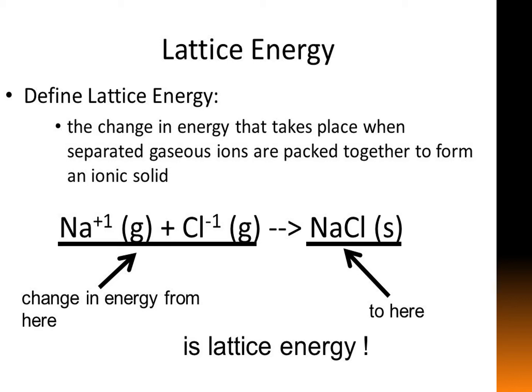The two gaseous ions packed together, combined together to form a solid. That is the ionic solid. You understand? So this is the lattice energy: the change in energy that takes place when separate gaseous ions are packed together to form an ionic solid. Are you clear with it?